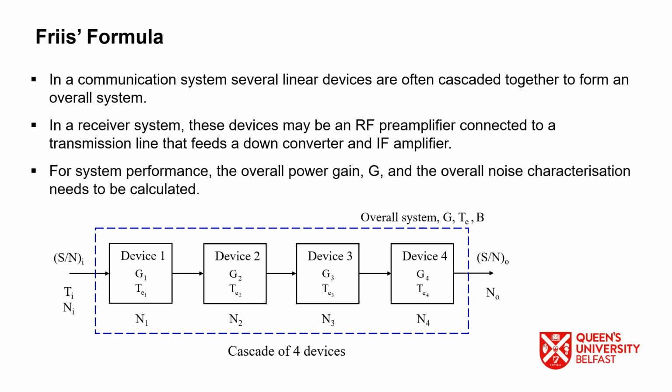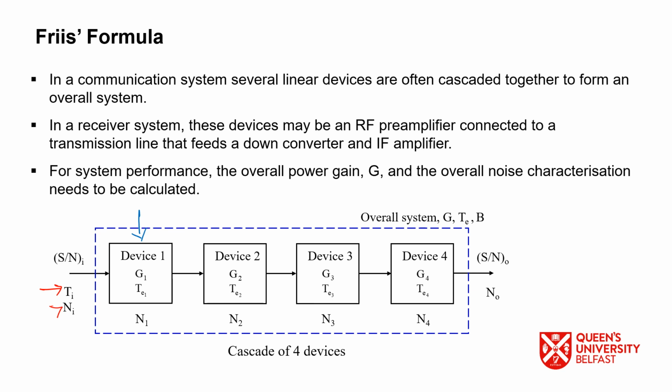So this is an example of a cascaded system in which device 1 has G1, TE1, device 2 has G2, TE2, and so on. At the start point we have a noise temperature Ti and Ni, that is the noise because of that Ti.